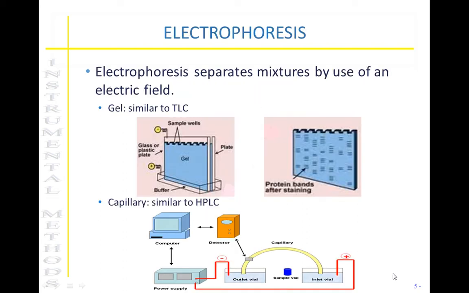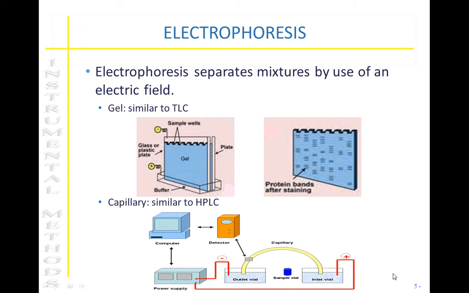The final chromatography method is electrophoresis. Electrophoresis separates materials by use of an electric field, and this could be done through two different methods, either by taking advantage of a gel or by taking advantage of a capillary. The gel techniques are very similar to thin layer chromatography.